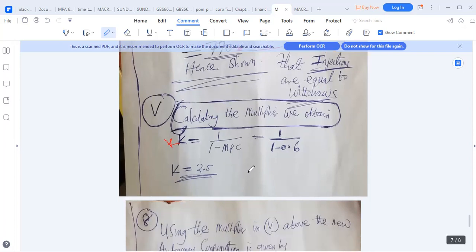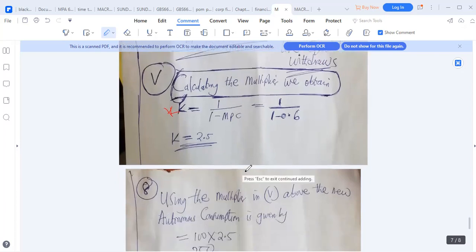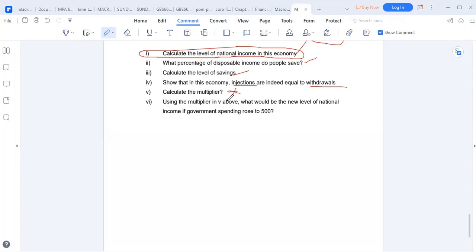So after getting this multiplier, we can get down to the other question: using the multiplier above, what would be the new level of national income if the government spending is risen to 500?